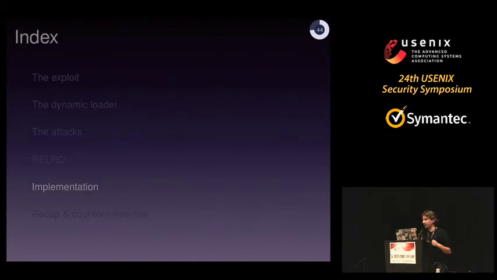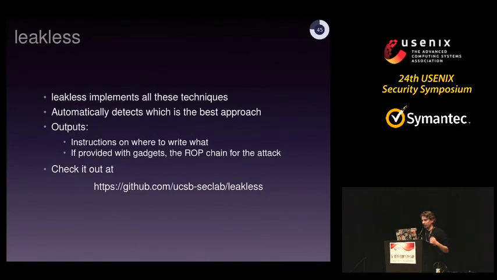Okay, so let's see how we implemented this. Basically, we implemented leakless, which implements all of the techniques I've been presenting, and if given a binary, it automatically detects which one of the techniques I presented is the most suitable one, and it can produce two different kinds of output. It can either output some high-level instructions on how to perform the attack, like use this printf index when you're calling the DL runtime resolve, or write these bytes representing some data structure at that address, outputting them in a JSON.